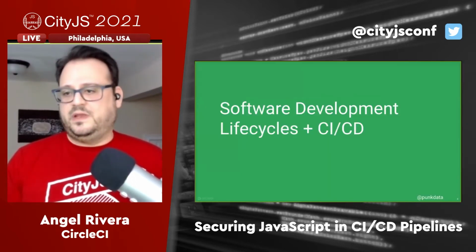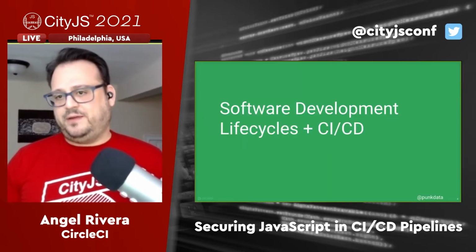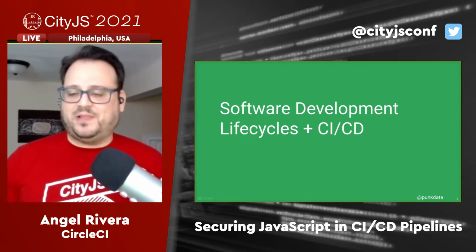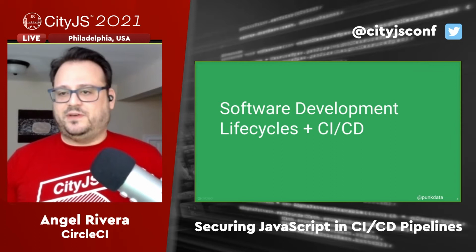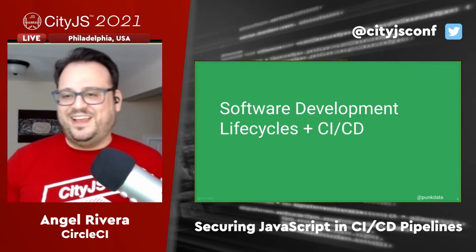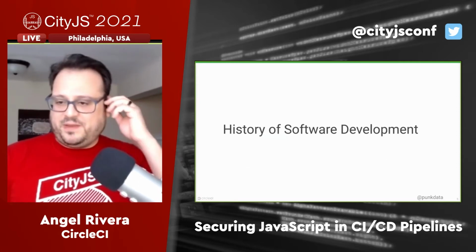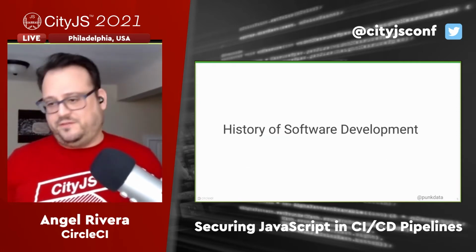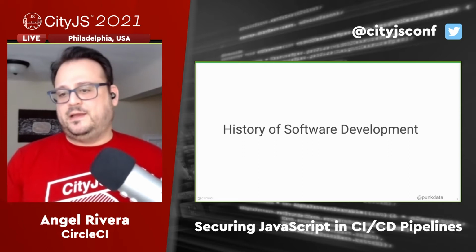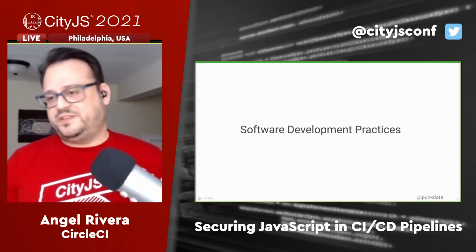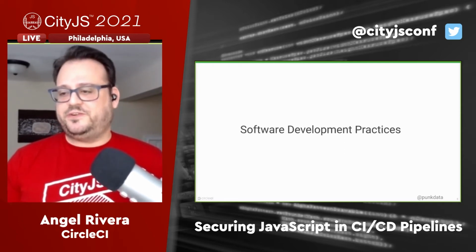So let's get started. Before I begin talking about DevSecOps, security, and pipelines, I want to do a little bit of time travel back into history. I want to talk about a very, very brief history of software development, at least the way I experienced it when I was coming up in the industry.